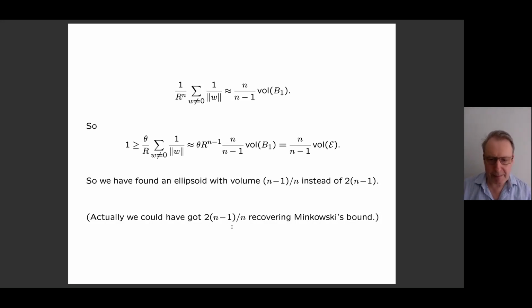So I could actually get 2n minus 1 over n. So it's not quite as bad as we thought, but still it's wrong by a factor of n. And actually, this would give me essentially Minkowski's bound if I got this extra factor of 2. It's not exactly, but roughly speaking.